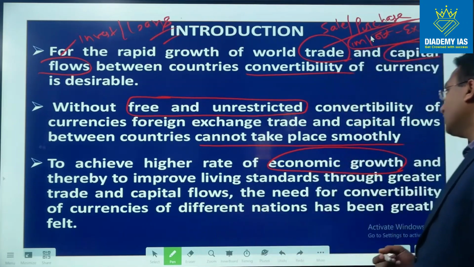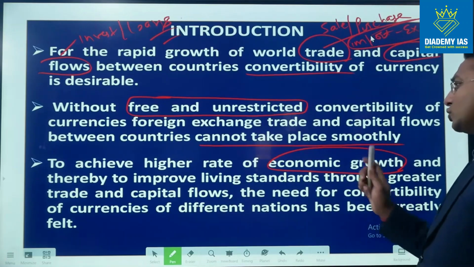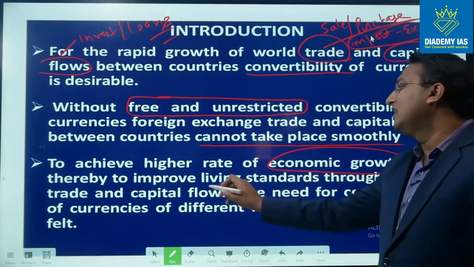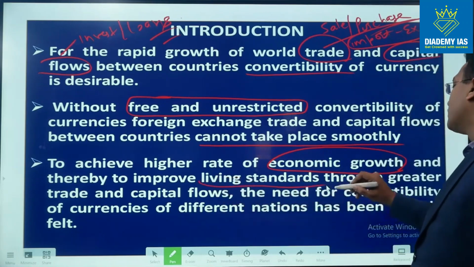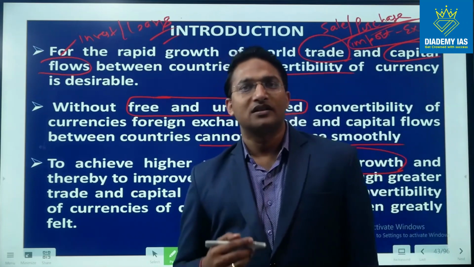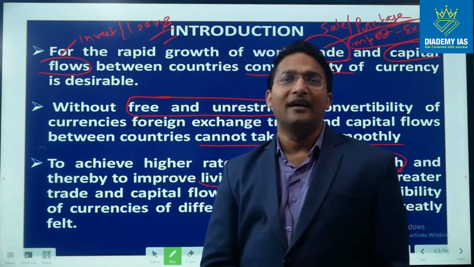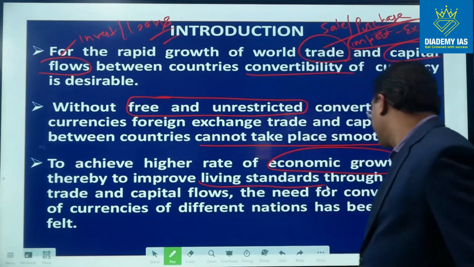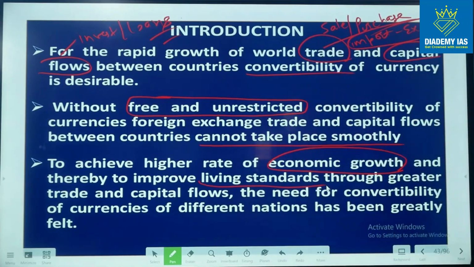So this economic growth rate will be higher. So if there is higher GDP, people will have more income, their purchasing power will increase, and ultimately their standard of living will increase. Through greater trade and capital flows, the need for convertibility of currencies of different nations has been greatly felt.